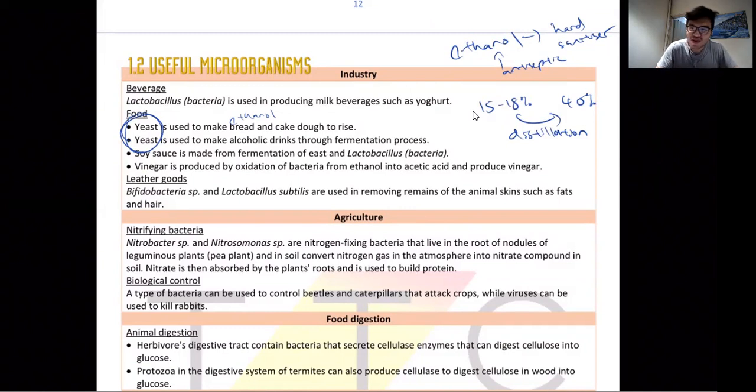Do you know alcohol is also the most deadly drug in the world? It's the most deadly substance in the world. Compared to cocaine, compared to meth, compared to any drugs, you name it, the substance that caused the most death every year, I think I told this in Form 4 already, a few chapters ago, is alcohol.